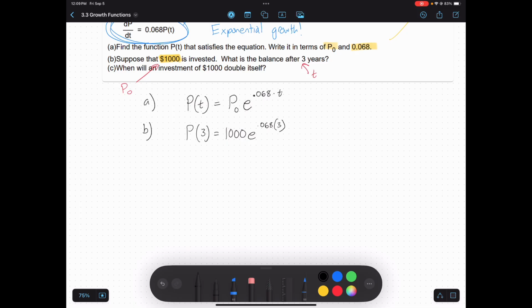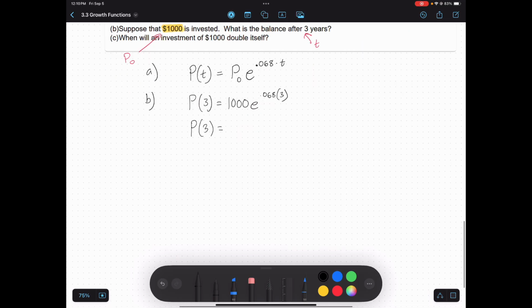And from here, this is just calculation. You can just use your calculator to actually figure out what this value is. When I plug e to the 0.068 times 3 into my calculator, I get 1.22629815535. I want to keep as many decimal places as I can throughout the calculation, and I'll round at the end.